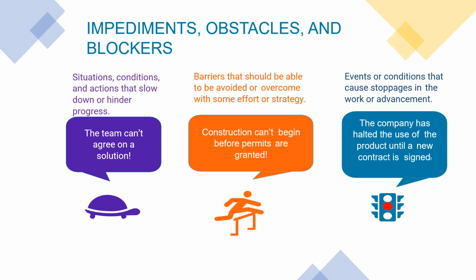That's a very good example of what? Blockers. A company has halted the use of the product until a new contract is signed. It's out of your control already. So those ones are out of your control.